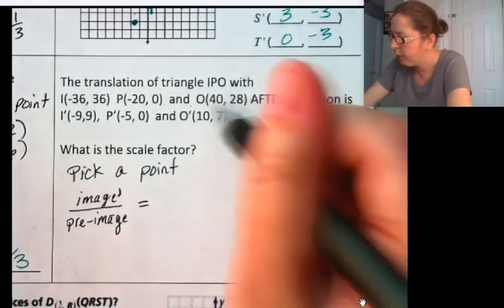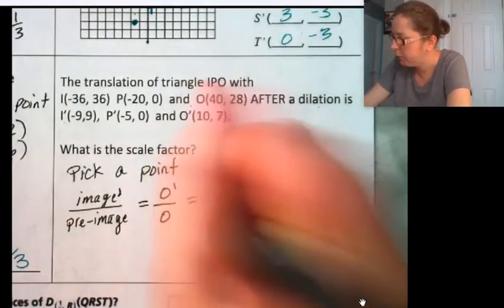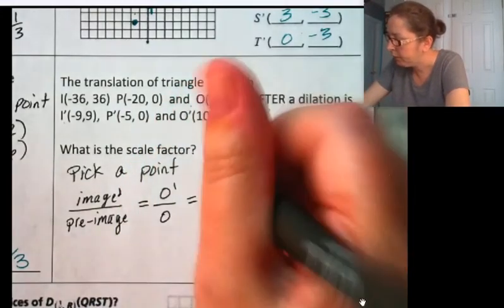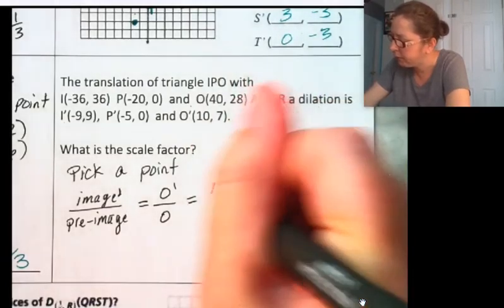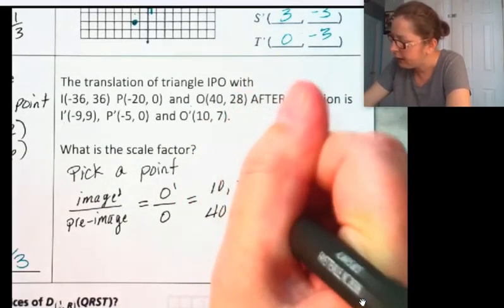So let's just go with O. O prime over O. And so my O prime is 10, 7. My O is 40 over 28.